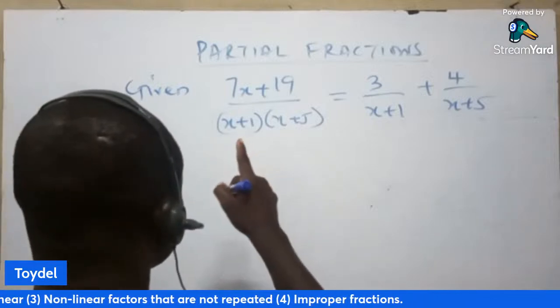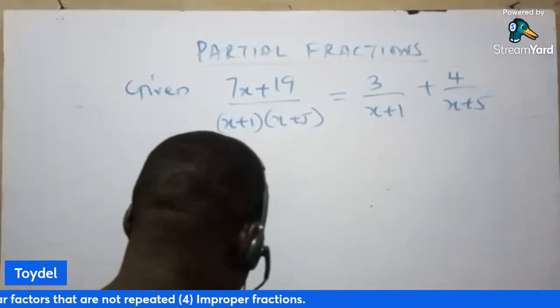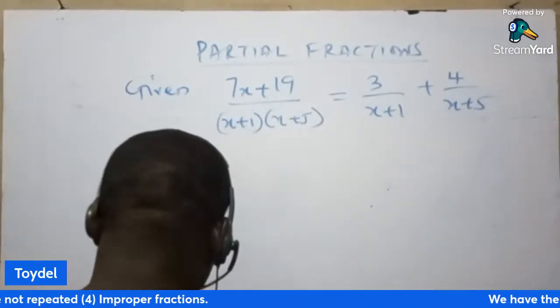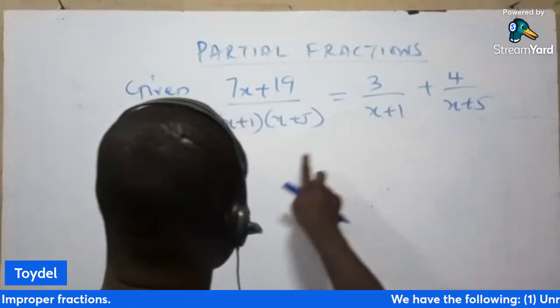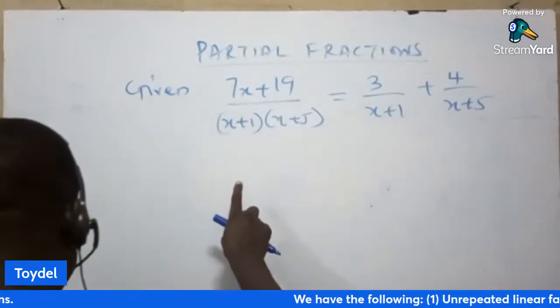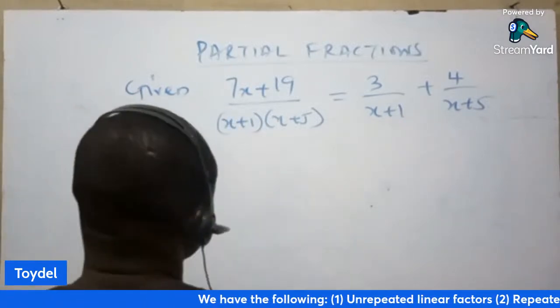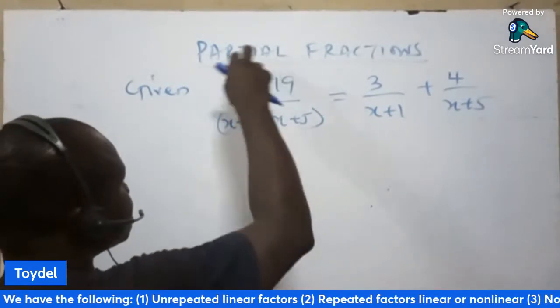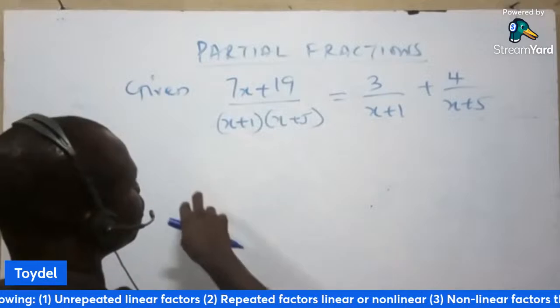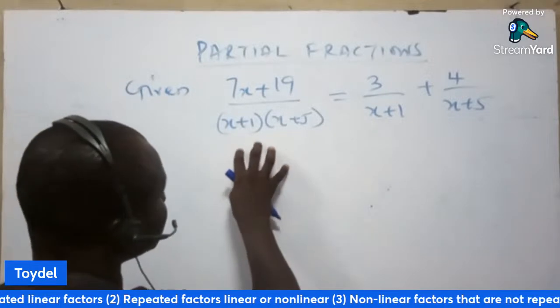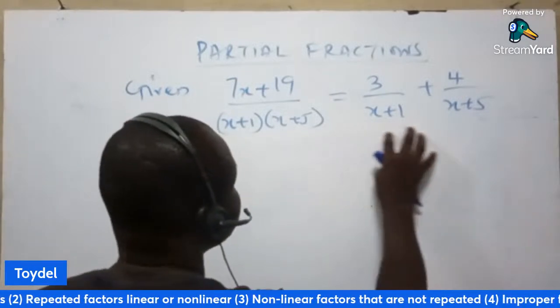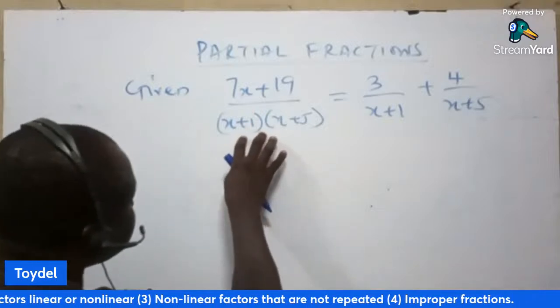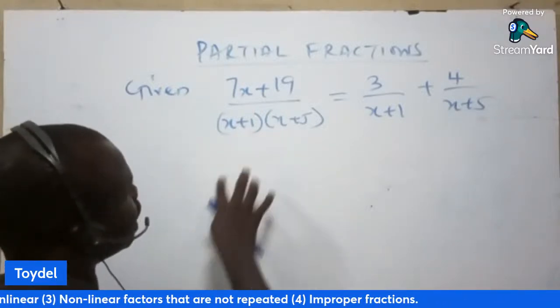From the topic partial fraction, the partial fraction of any compound fraction will be determined by the nature of the factors at the denominator. So under partial fraction, we are not that concerned with the numerator. If you want to break a compound fraction into some of its partial fractions, we concentrate on the denominator, like what we have here.